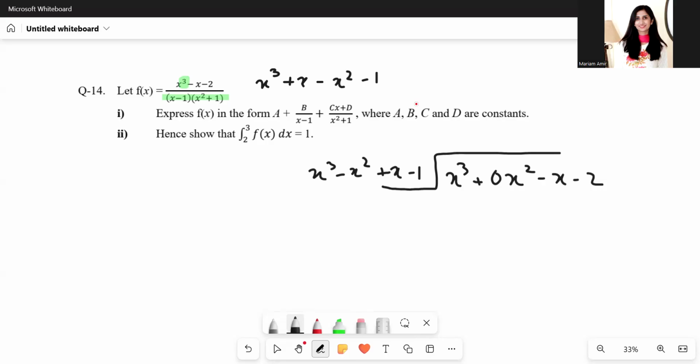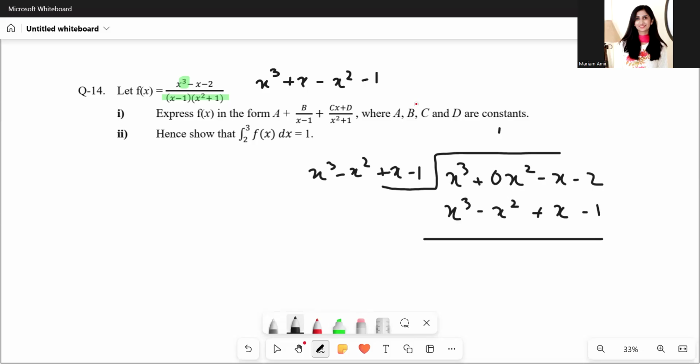Let's start long division. So we'll just have to write 1 here and then x cubed minus x squared plus x minus 1. Change the signs: minus, plus, minus, plus. This gets eliminated. We get x squared minus 2x minus 1.